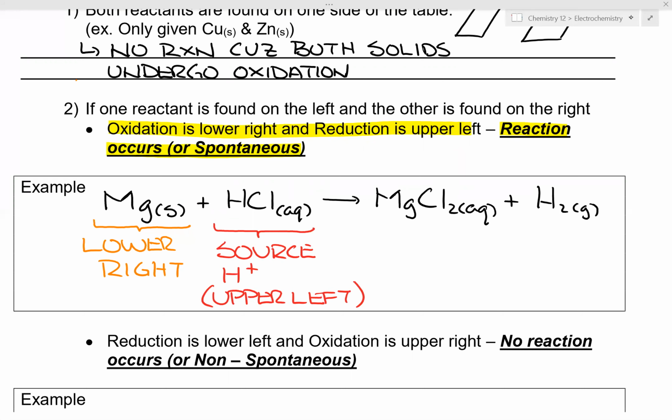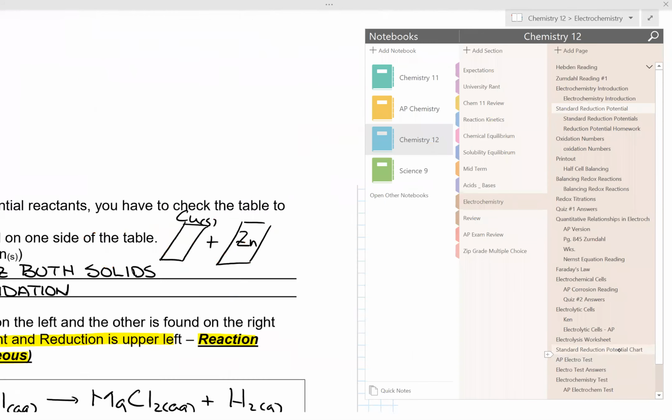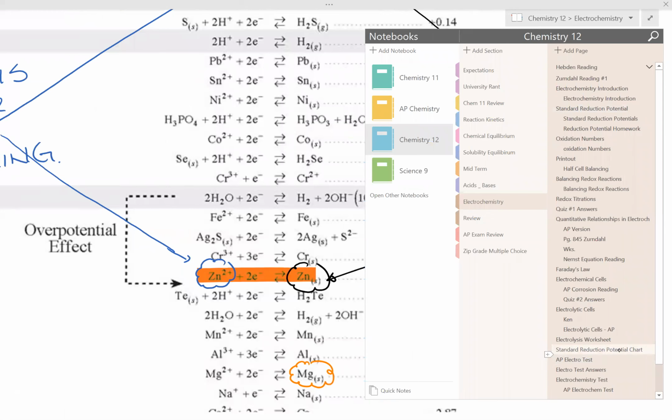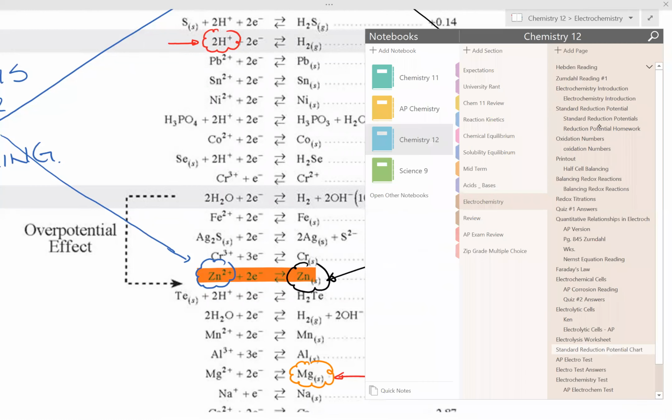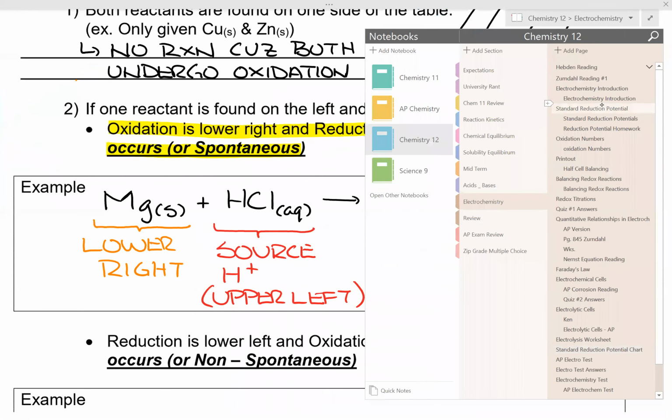If we look at the chart here, we have H+ right here. So because you have reduction on the upper left and oxidation on the lower right, what we get is a reaction.